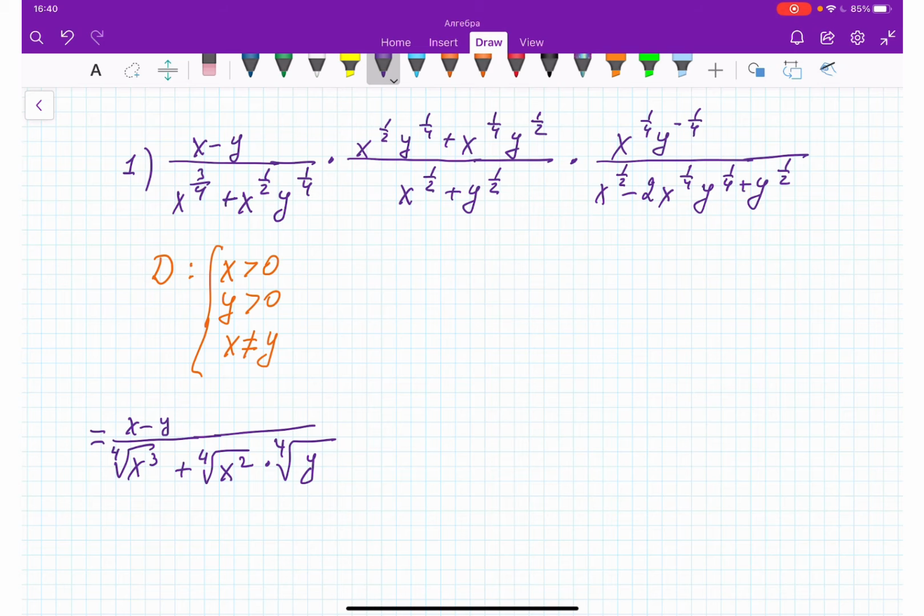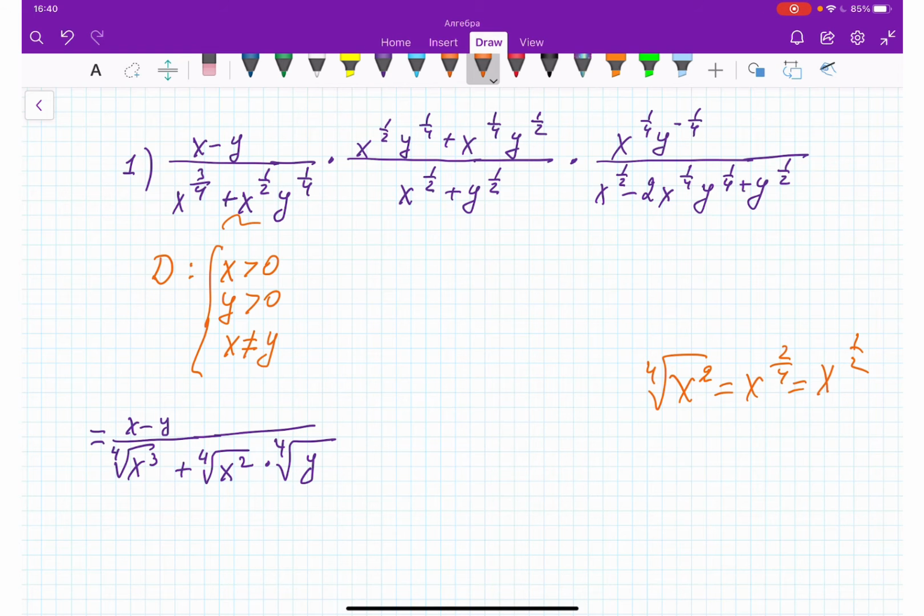Now, look here. I have x to power 1/2, and one would think I would put square root of x. But I put the radical of degree 4 of x squared, which is the same as x to 1/2. Why did I do that?